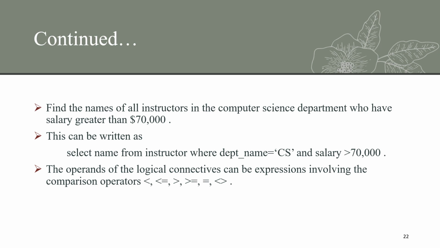Select name, name is an attribute, from instructor, which is a table name, where is the condition: department name CS and salary is greater than 70,000. The operators of a logical condition can be expressions involving the comparison operators less than, greater than, equal to, less than or equal to, etc.